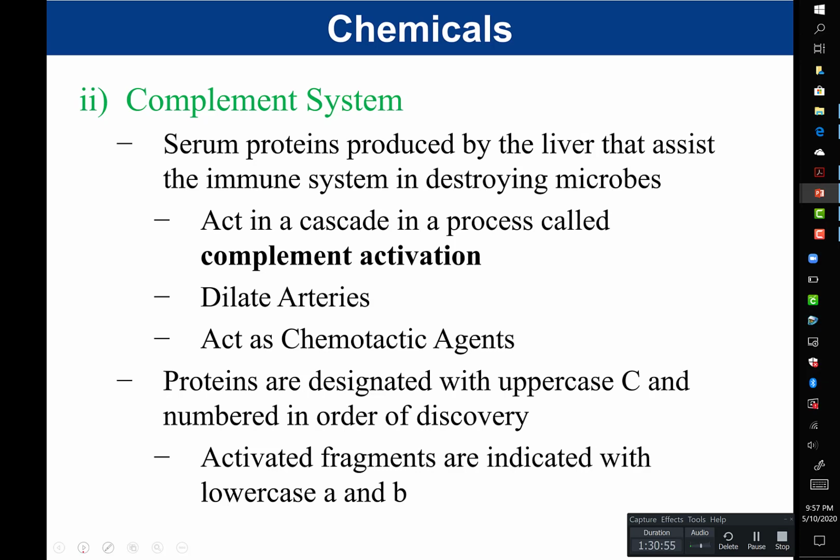What that means is that when you look at the complement system, it doesn't mean that 1 activates 2, 2 activates 3, 3 activates 4, because they were numbered in the order of their discovery. The activated fragments, meaning once they've been activated to stimulate the next one, are indicated with a lowercase a and b, because sometimes you need those activated complement proteins to come together to then stimulate the next part of the response.